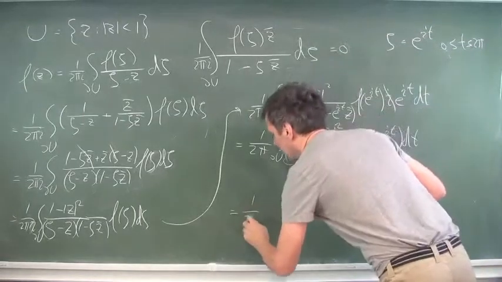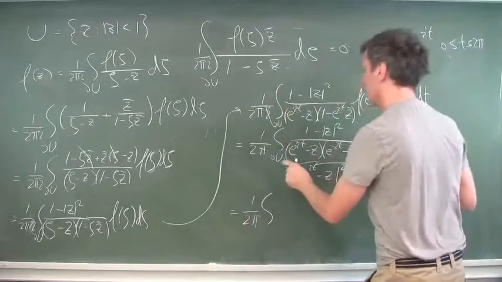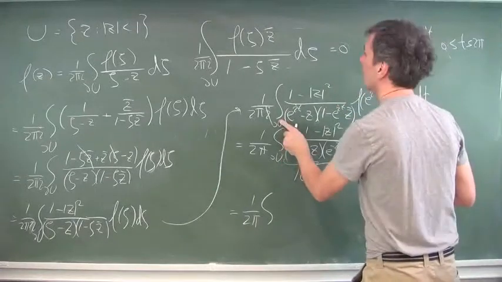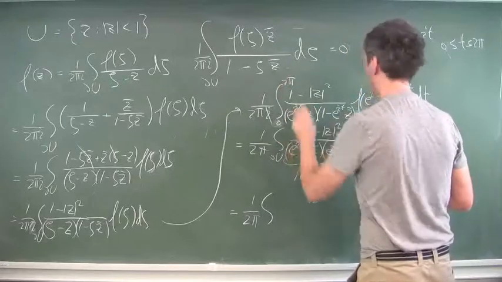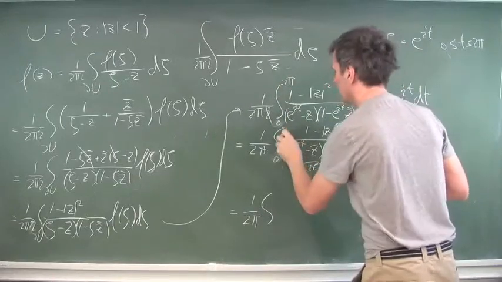So here we should write this as an integral from 0 to 2 pi now that we have parameterized.